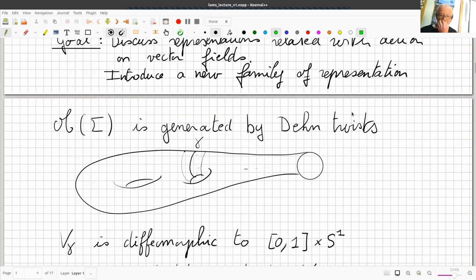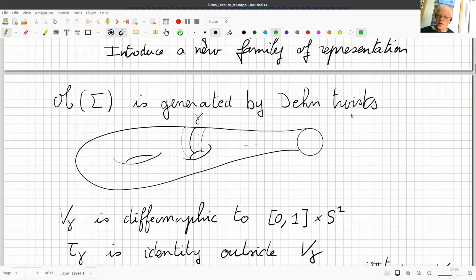So here I will present this Dehn twist. I represent my surface, and I fix here an embedded curve gamma, and I thicken this curve and get a standard neighborhood of this curve. The curve is gamma, the neighborhood is V gamma.